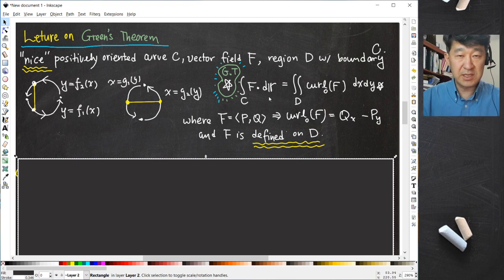But sometimes it's detected by this one, whether this is equal or not. So sometimes, if you measure this line integral in here, it tells you whether it's possible or not. If it's possible to extend this function, this is going to happen.